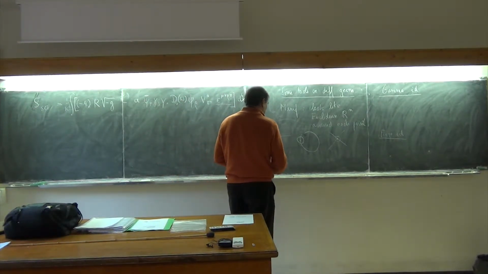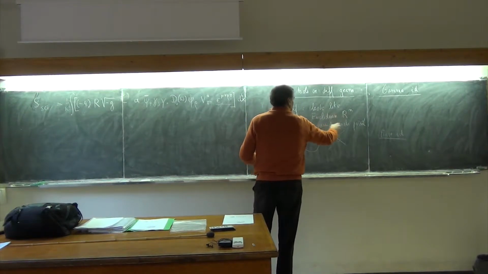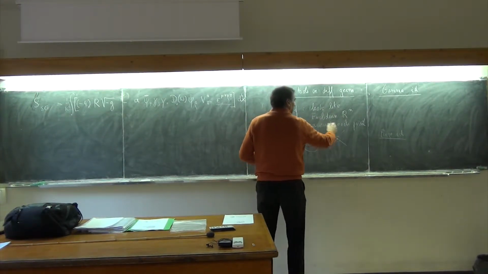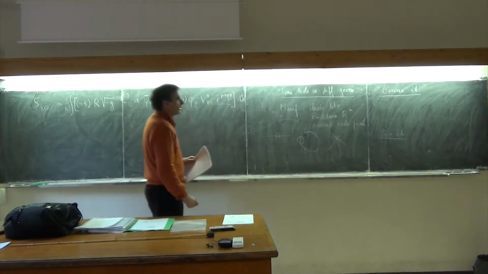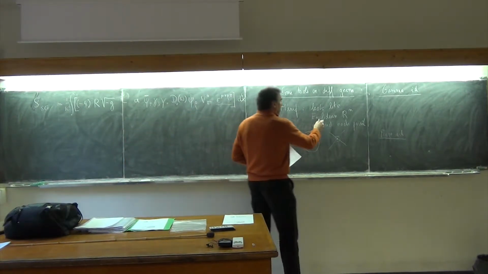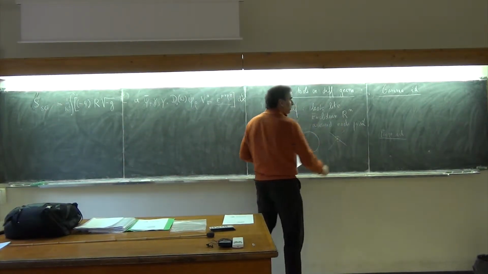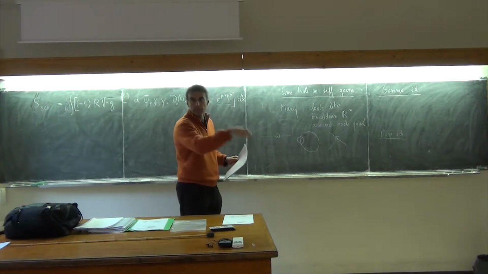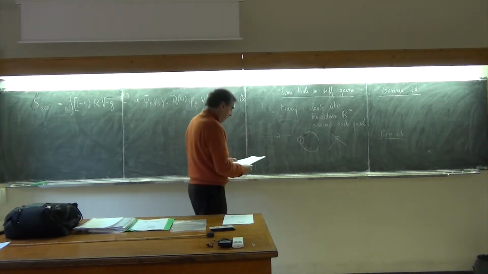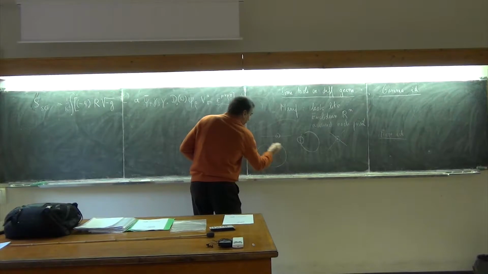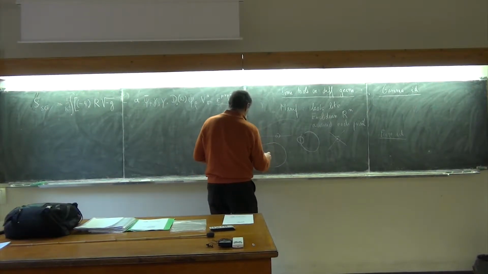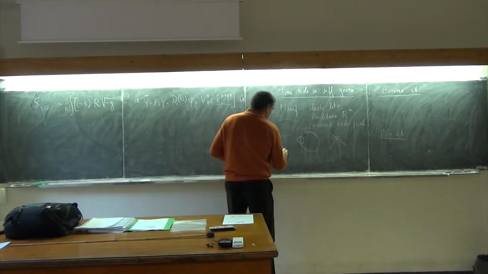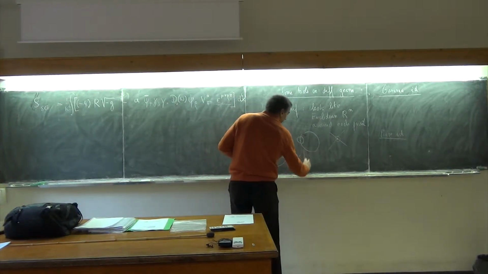But being able to assimilate a manifold locally to Rn means that indeed there is a map, and this is the coordinate map. As you know, if you have a manifold, then you have a neighborhood of a point, and this you can map into Rn.